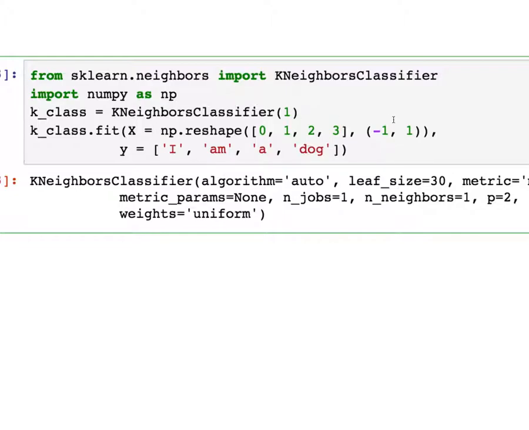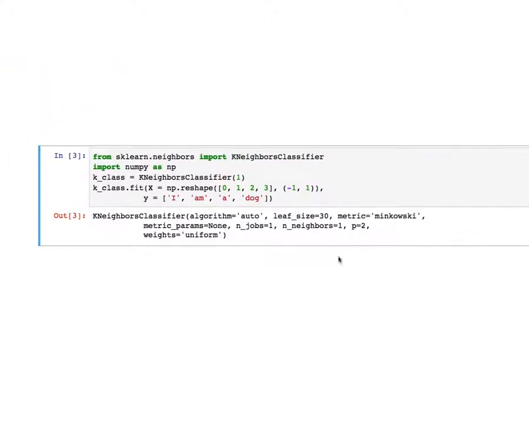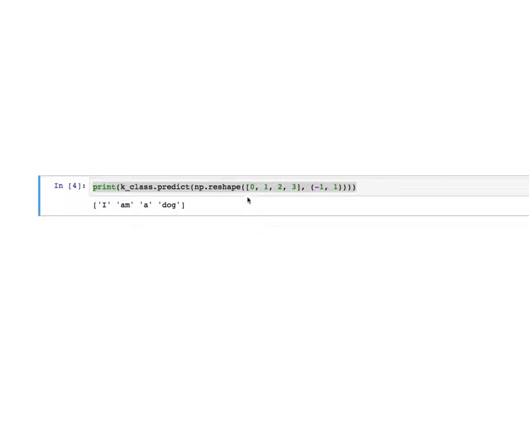Basically it says 0 maps to "I", 1 maps to "am", 2 maps to "a", 3 maps to "dog". If we were to just test this on that input, it might look like we have an algorithm that can actually speak English. It was able to take the 0, 1, 2, 3 and make a sentence, "I am a dog."